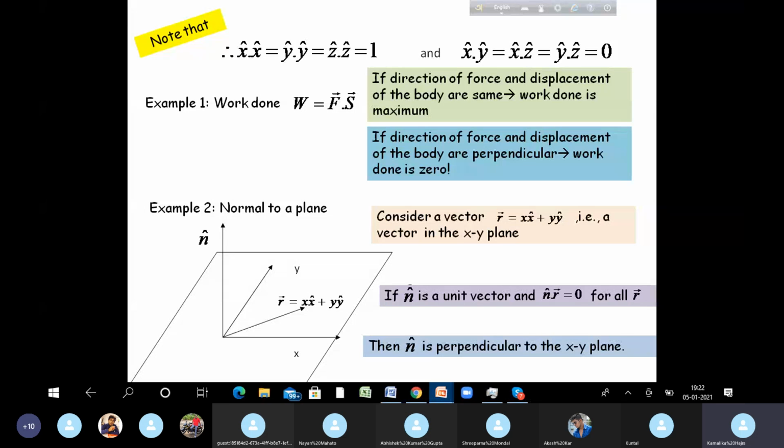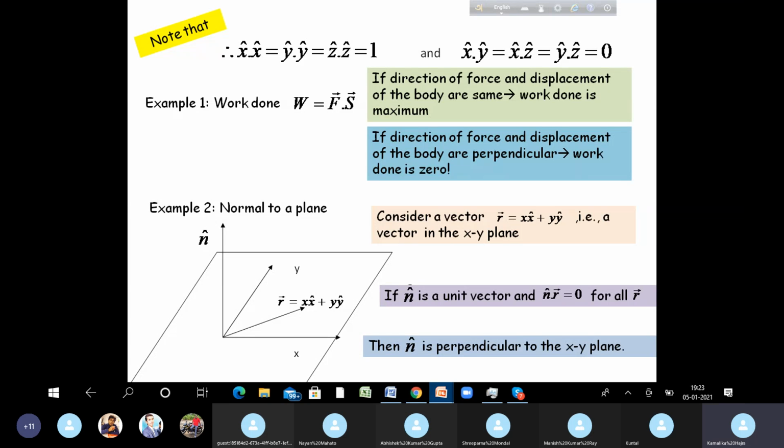We can say a particular unit vector is a unit normal to a given plane if the dot product of that particular unit vector with any vector r lying in the xy plane is 0, then we can say that n cap is a normal to the entire plane. All right. So we get two practical instances where we use dot product.